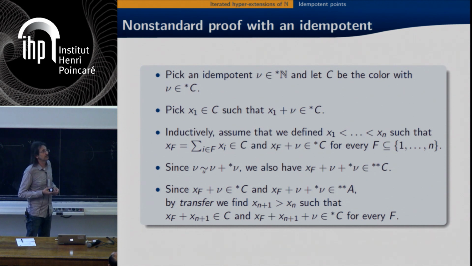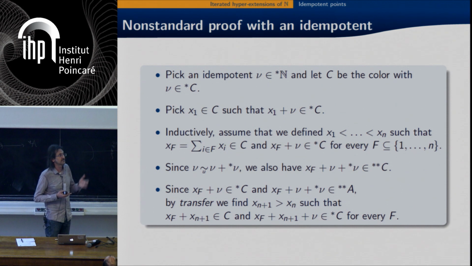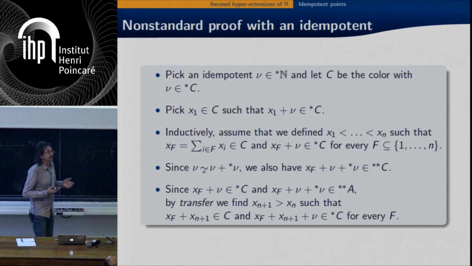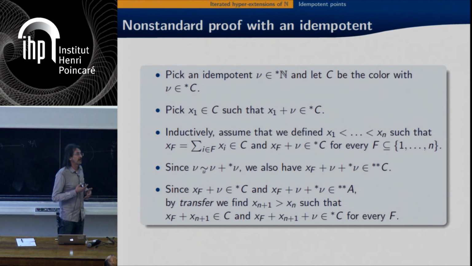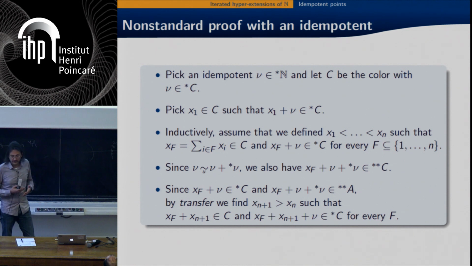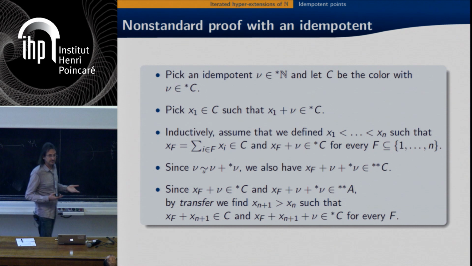We take an idempotent element. By the characterization, we have one element x1 with the property that x1 plus Ni belongs to the non-standard extension. And then by induction, by using the property that Ni and Ni plus star Ni are equivalent, and by using transfer, you see the formalism at this point, once one is used to it, it's really simple.